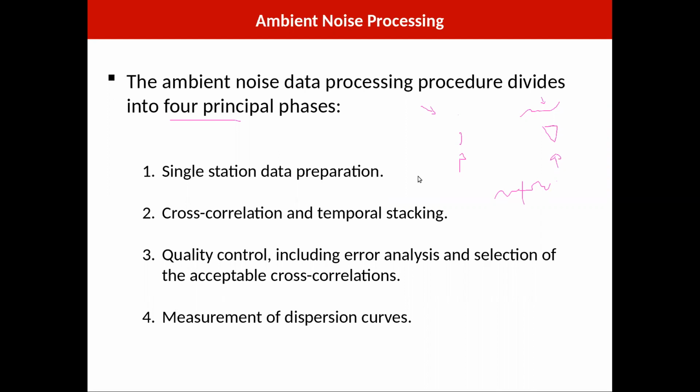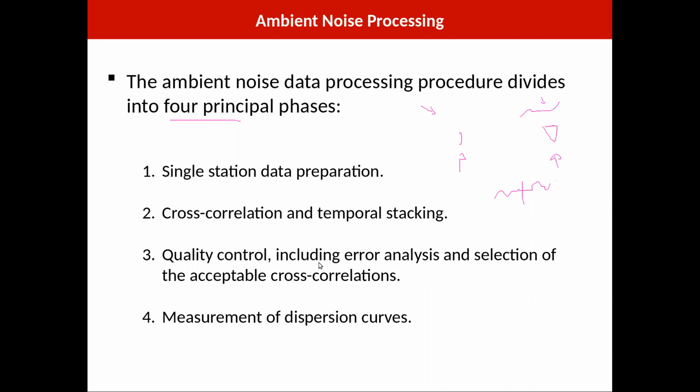And then we do some stacking to improve the signal to noise ratio. We look at each one of them individually later. And then the next one will be, okay, we've done our single station preparation. We've cross-correlated the data and we've stacked.